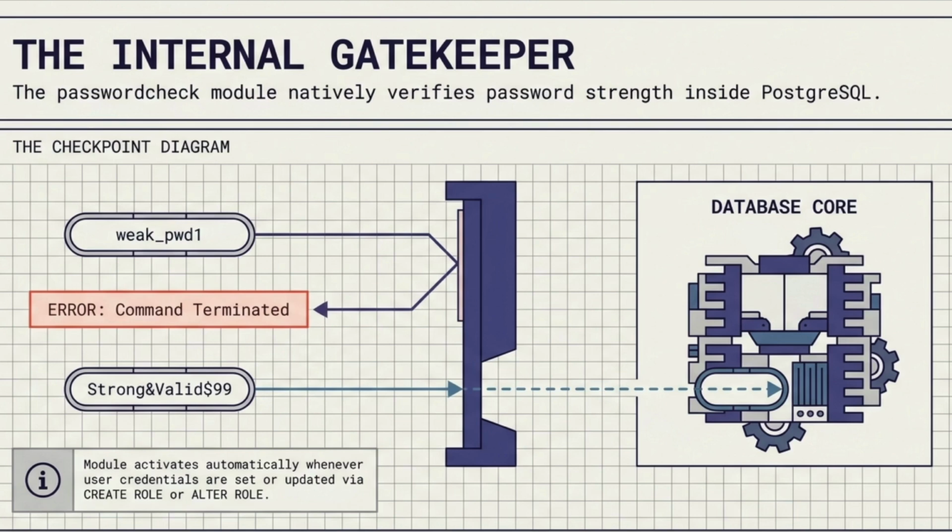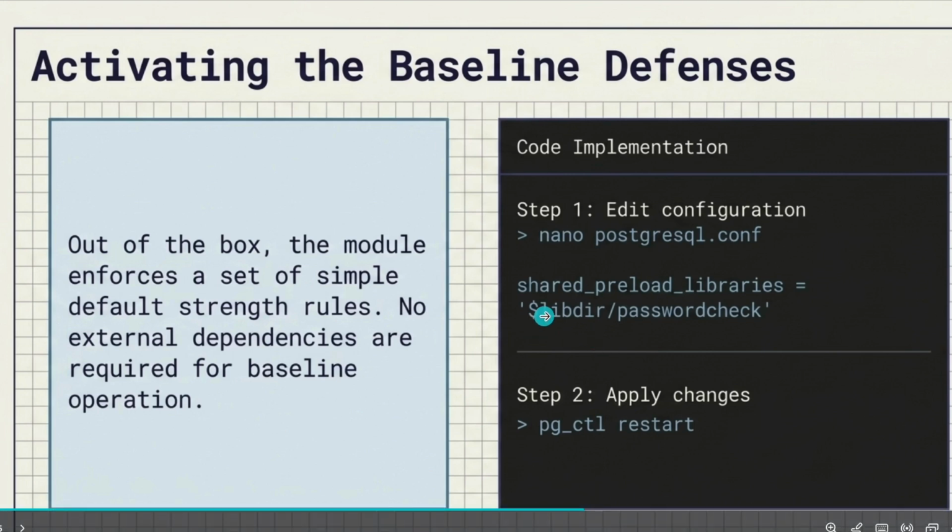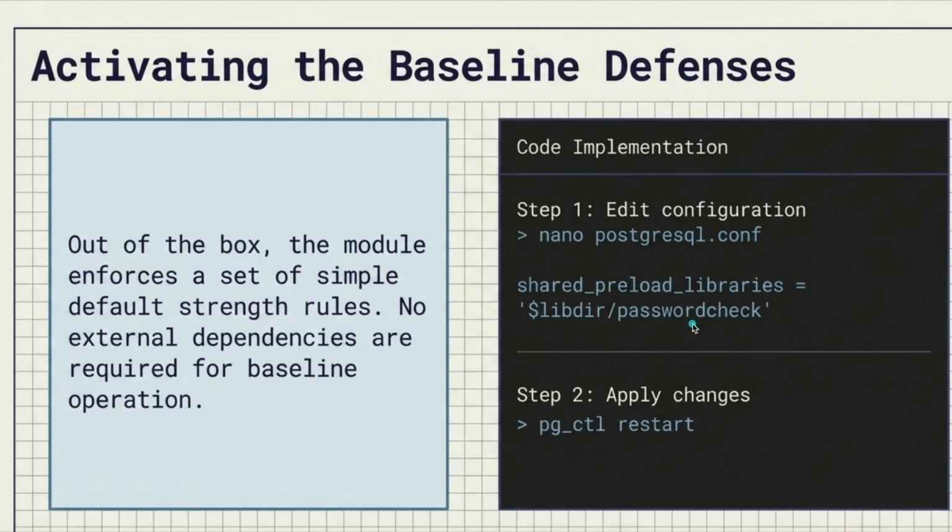To enable it, you have to add this module in shared_preload_libraries, followed by a restart. Once you restart, it automatically invokes this module or extension. So we have to go to the Postgres configuration file, provide the passwordcheck module, and then restart the cluster.